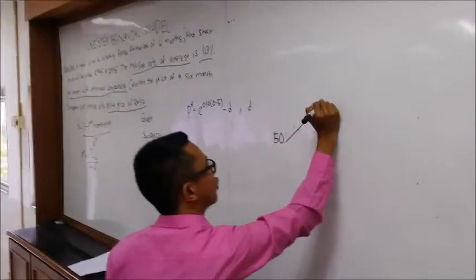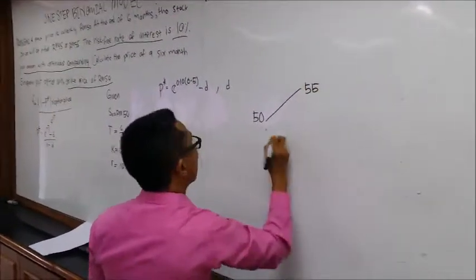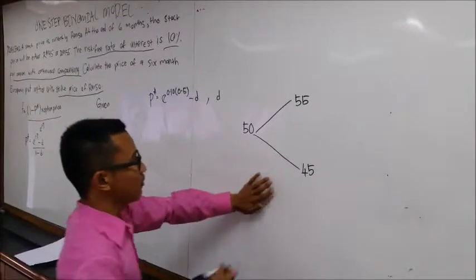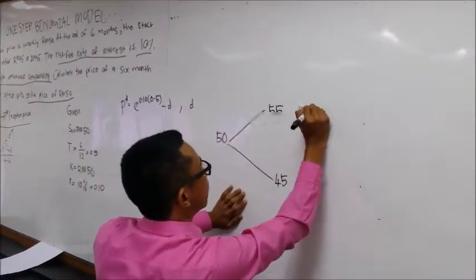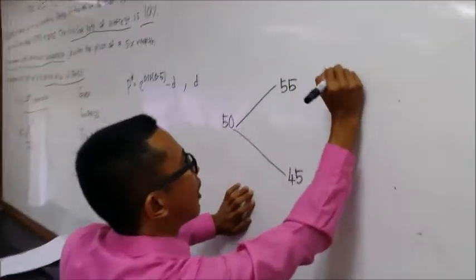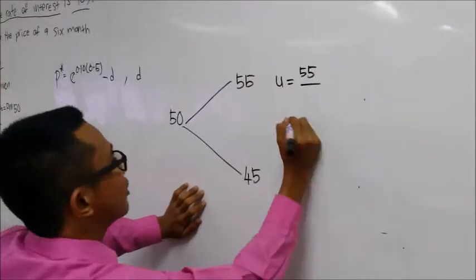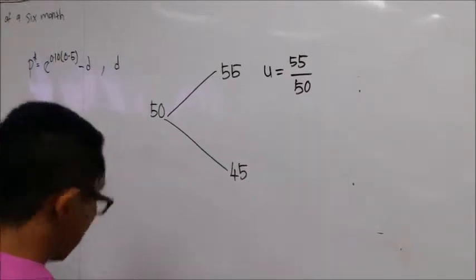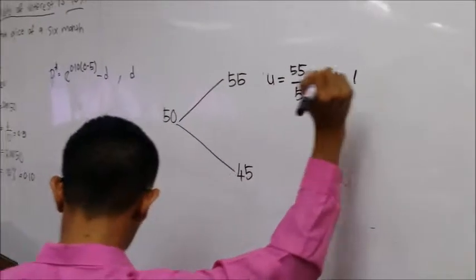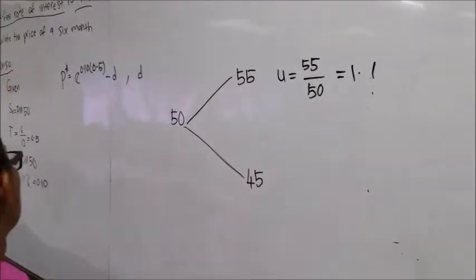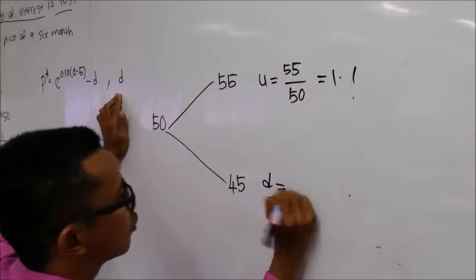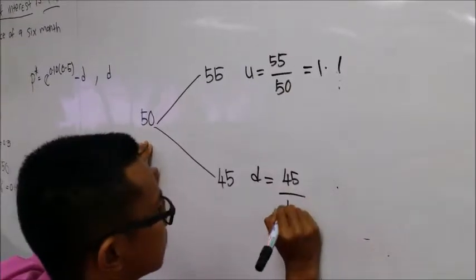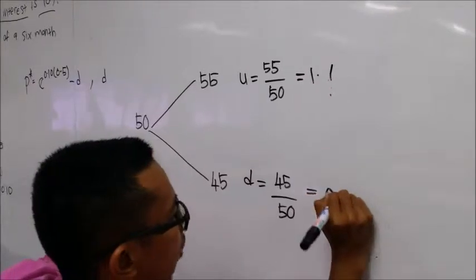Next it goes either upward to 55 or downward to 45. For u, 55 divided by the current 50 gives 1.1. For d, 45 divided by the stock price 50 gives 0.9.